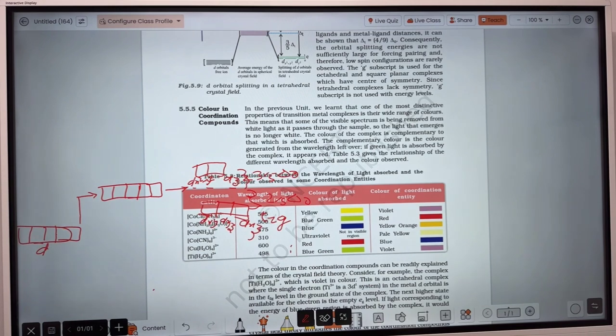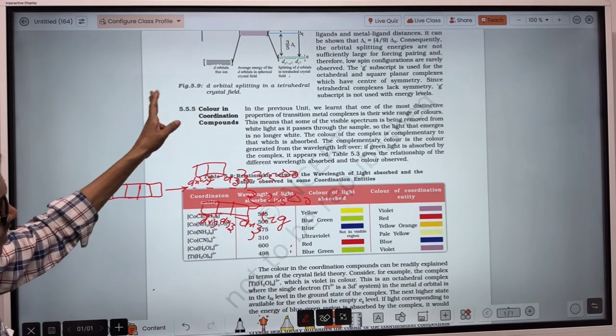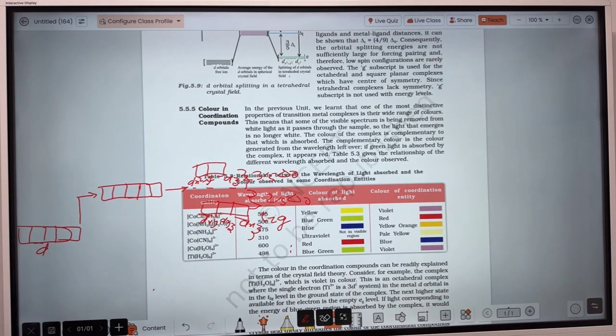So in the 12th board examination, the question of why a coordination compound shows color is frequently asked.